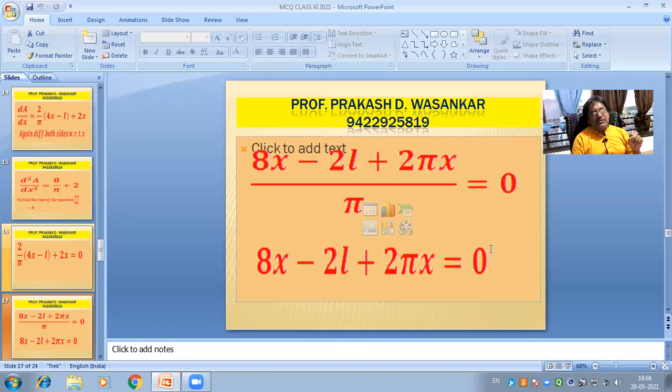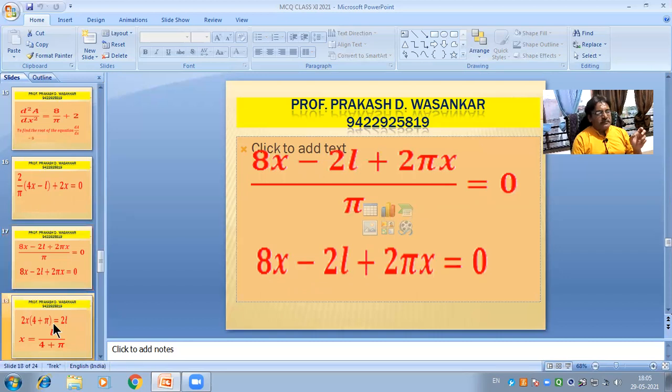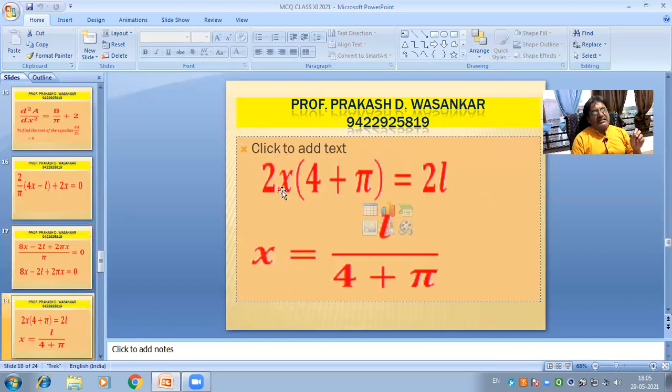From the first and last term we take 2x common. Then in the bracket, 4 plus pi, which is equal to 2L. Then 2 gets cancelled, that is, divide both sides by 2. So 2 gets cancelled. Therefore x is equal to L upon 4 plus pi.